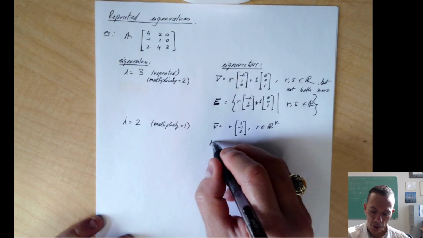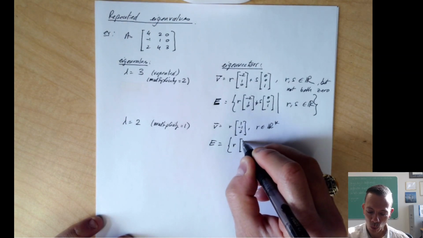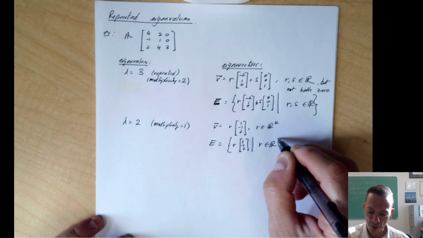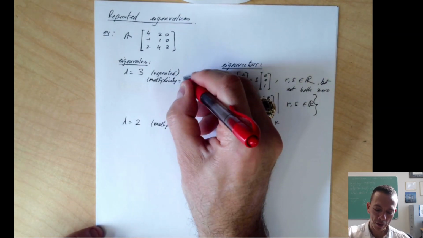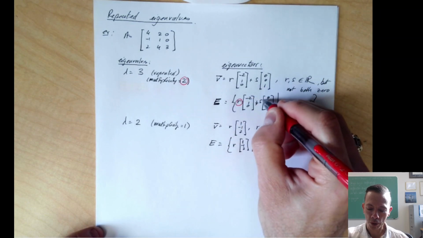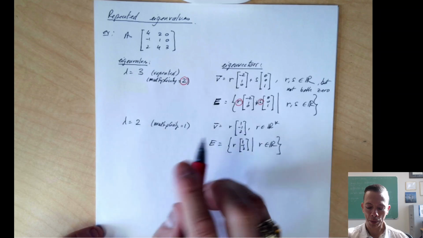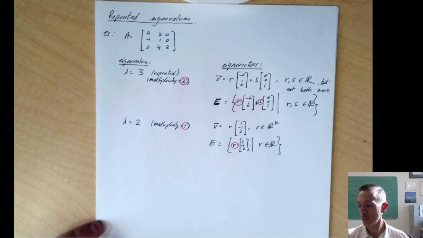And so again, we can write the eigenspace as the set of all vectors R times 1, negative 1, 2, such that R is a free variable. So we notice here that the multiplicity of this eigenvalue is 2, and we have 2 free variables, R and S, to build the vectors. On the other hand, the multiplicity of this eigenvalue is 1, and here we only have 1 free variable in the eigenspace.